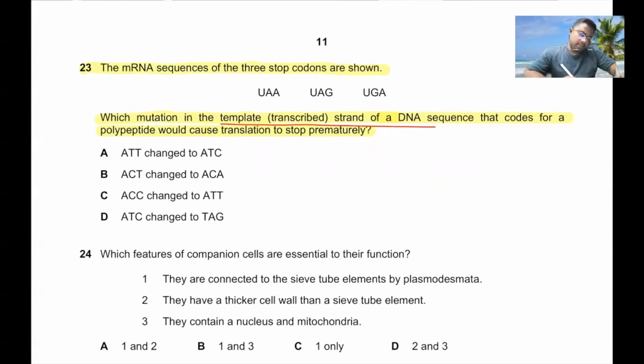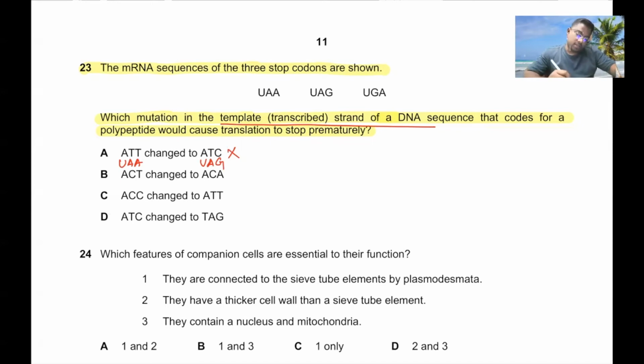So ATC will be U, A, G. ATT was U, A, A. So it was already a stop codon, it is going to a stop codon.